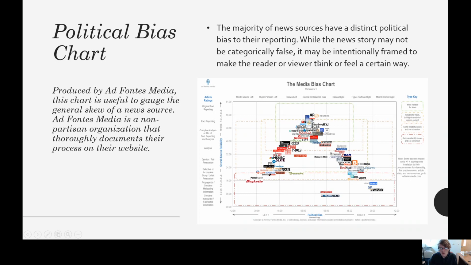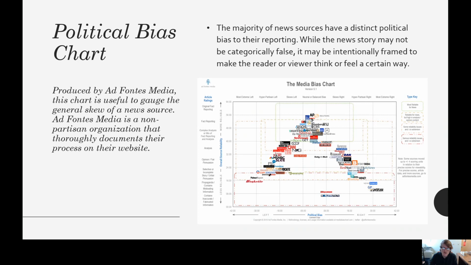So, for example, a news story from CNN may not be categorically false, but we can look here and see that compared to the gold standard of AP of impartiality, CNN is decidedly to the left. The same would go for the New York Post. The news story may not be false, but you need to be aware that when compared to the nonpartisan AP, it is to the right.